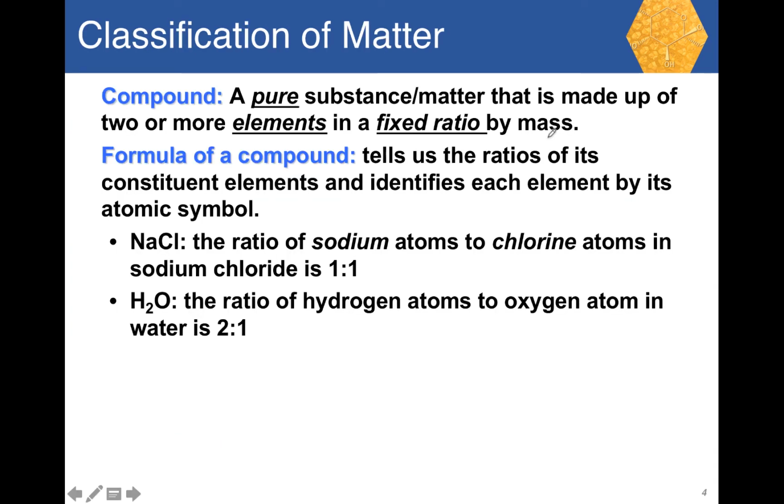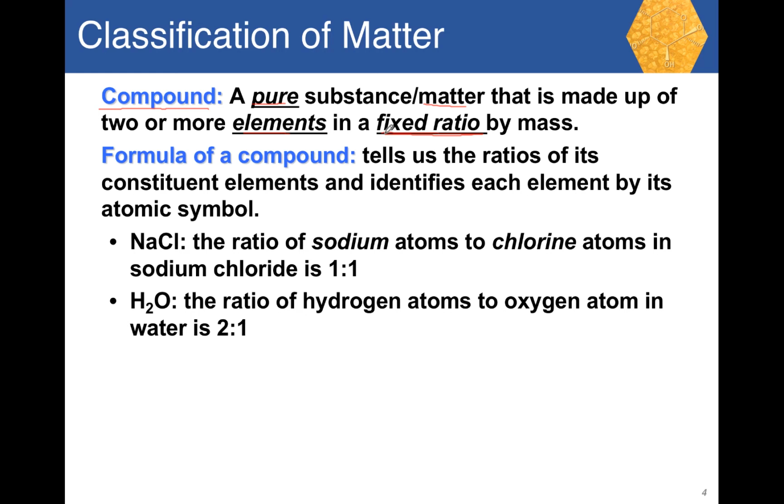Let us go on. Let's introduce another term here, compound. So let's define it. Make sure we understand it, because we're going to ask you, what is a compound? Or examples of compounds later on. A compound is a pure matter that is made up of two or more elements. Keyword here, fixed ratio.